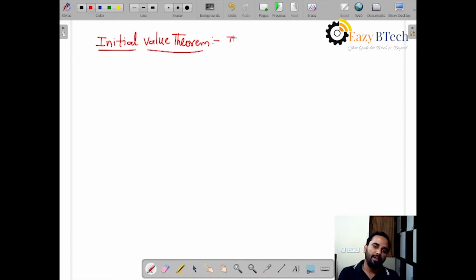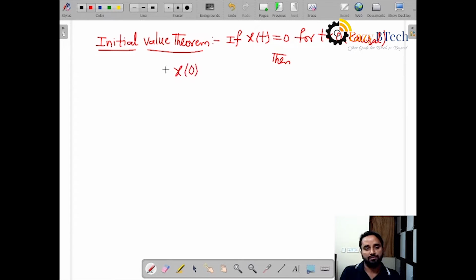Here x of t is 0 for t less than 0, which means x of t is a causal signal, a causal function. Then the initial value x of 0 can be written as the limit as t tends to 0 of x of t.